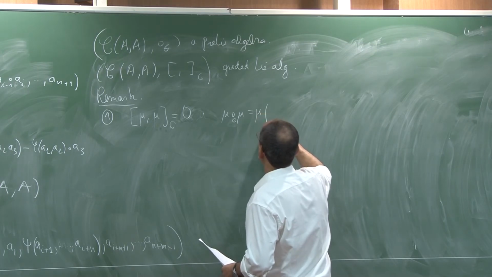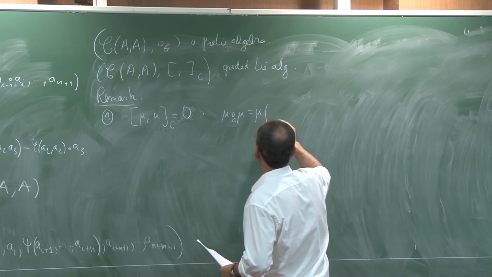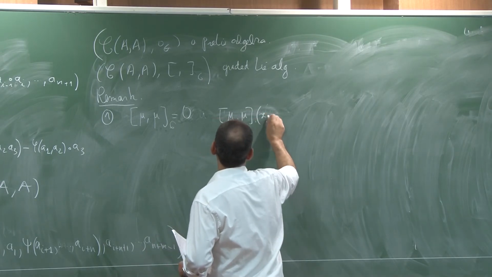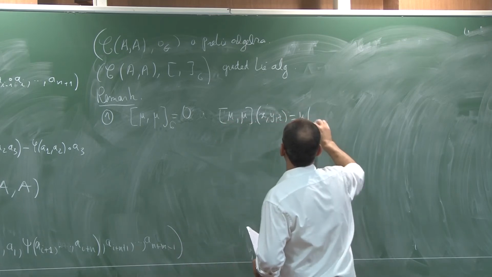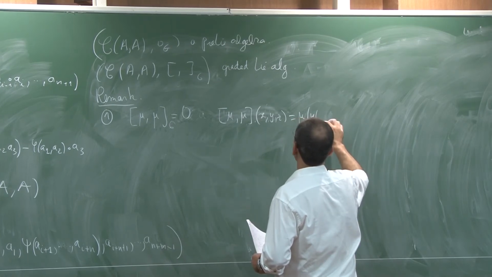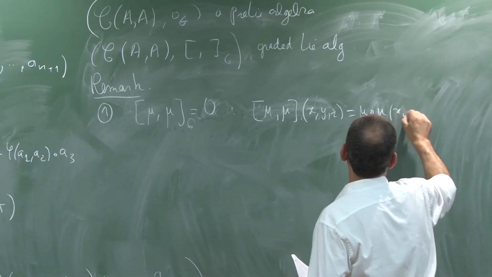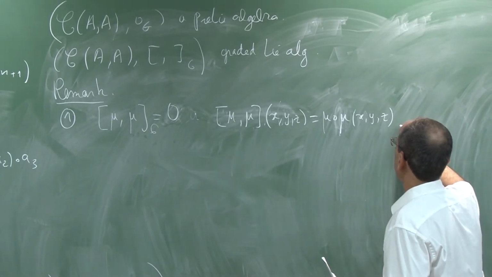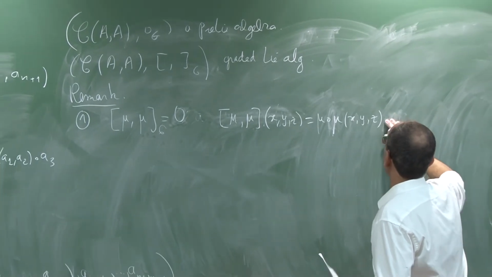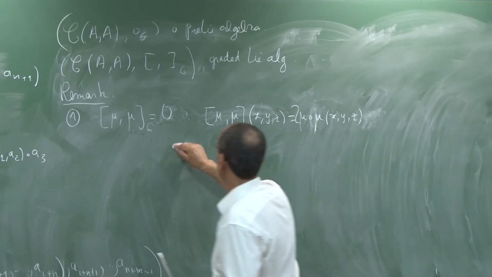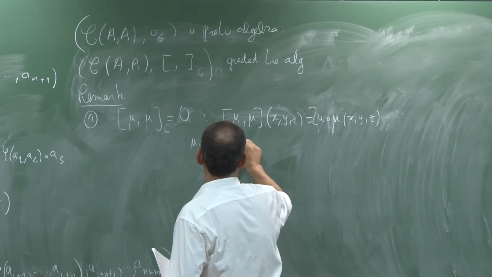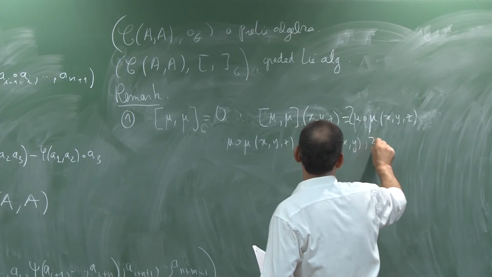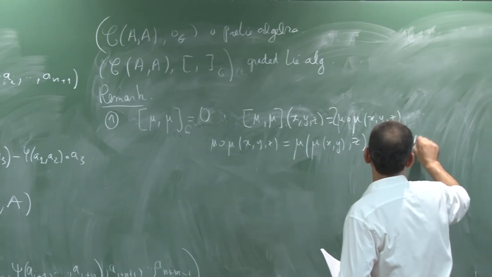Then mu composed with mu, applied to x, y, z, is mu of mu of x, y, z minus mu of x, mu of y, z.